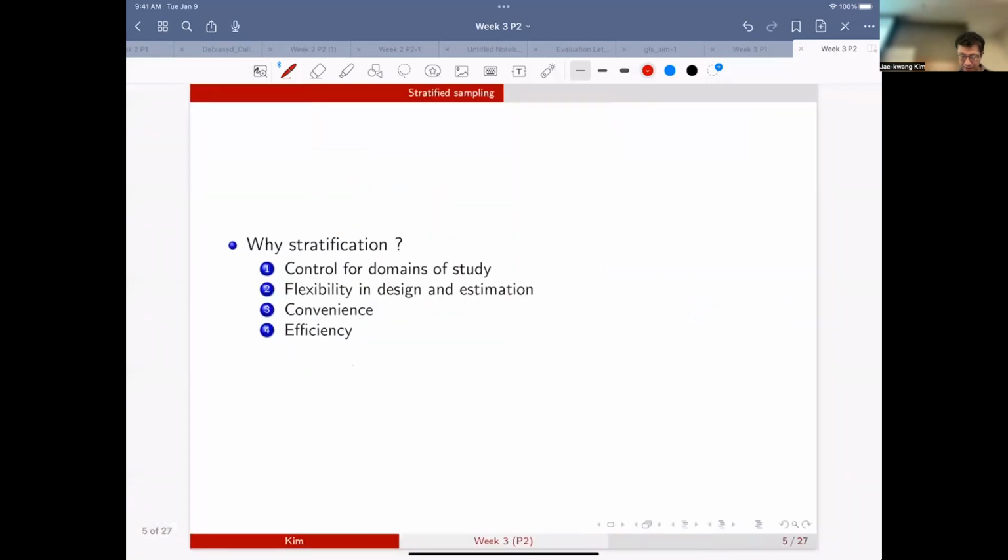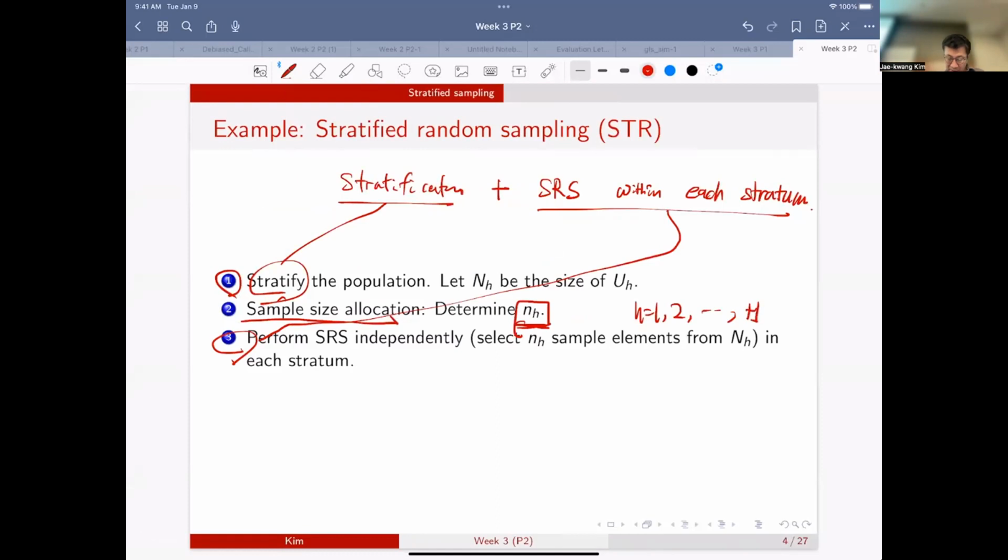Okay. So determining the sample size n_h in the context of stratified sampling is called the sample size allocation problem. Here n is usually known, given. For example, we have a budget, and we know that we want to select 1,000 samples.